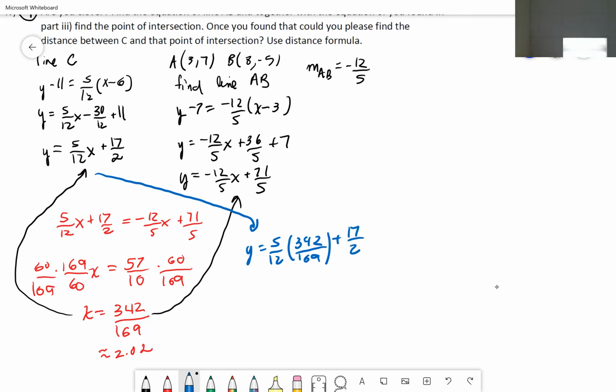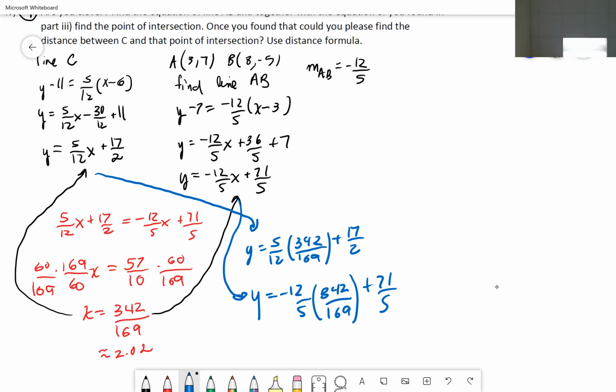Or I could have done y equals negative 12 over 5 times 342 over 169 plus 71 over 5.